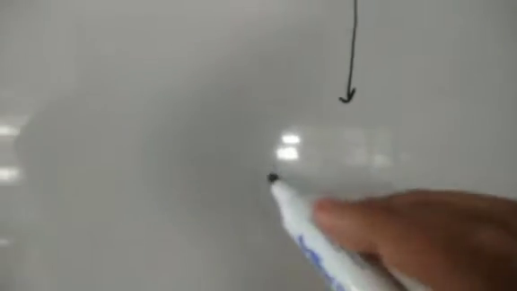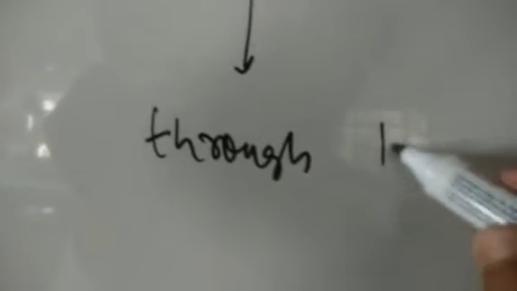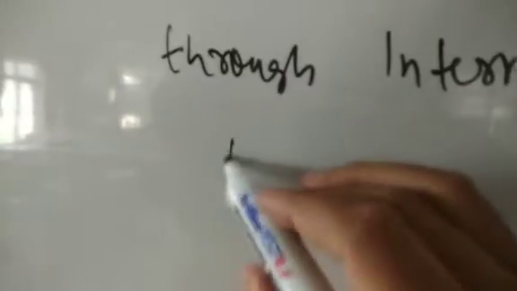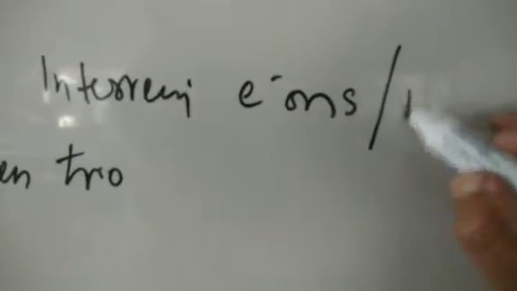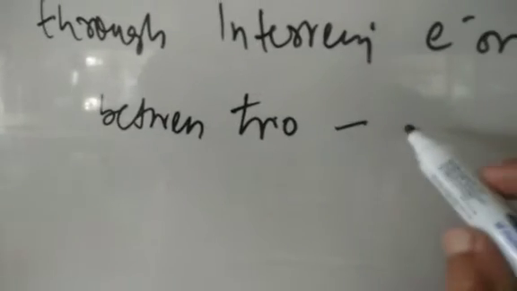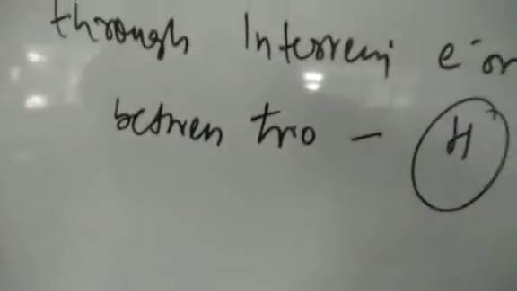So the splitting occurs through intervening electrons between the two, or electrons से आप bonds भी ले सकते हो, intervening bonds between the 2 protons which are non-equivalent, between 2 hydrogen atoms which are non-equivalent.